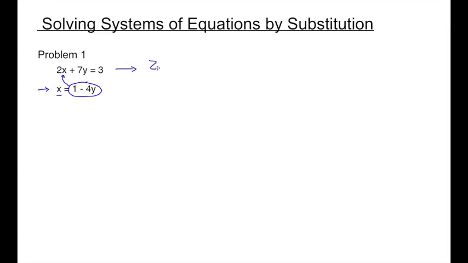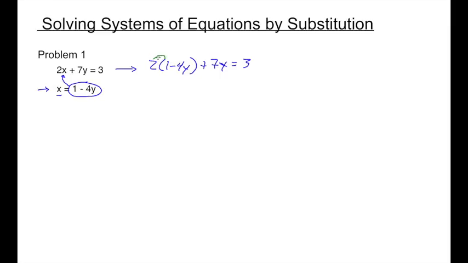So then we would have 2 times 1 minus 4y plus 7y, and all of that is equal to 3. So now we have one equation with only one unknown, y. And now we go about and simplify.